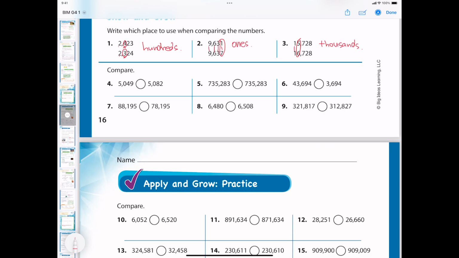All right, so let's compare. I wanted to remind you that when you compare these numbers, you have to start from the greatest place, which is here in thousands. Number five is what? 100,000s. And number six is what? 10,000s place and thousands place and 100,000s place.